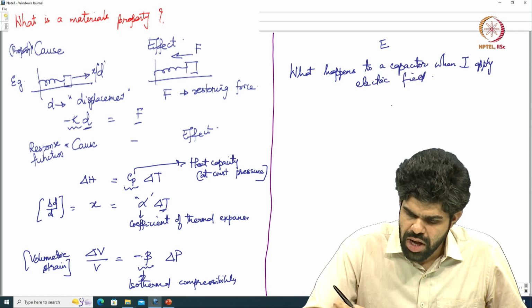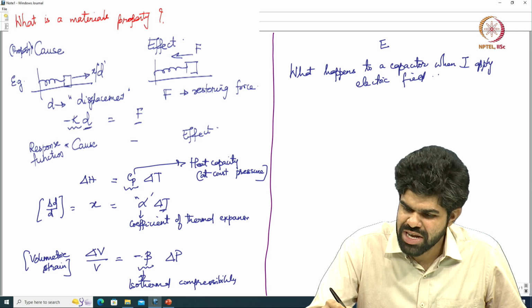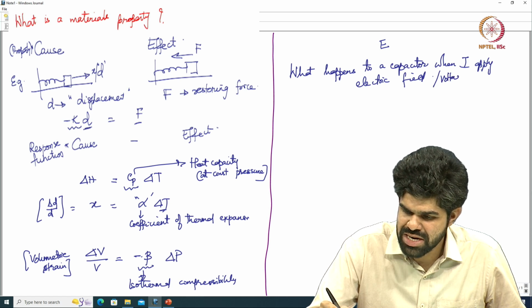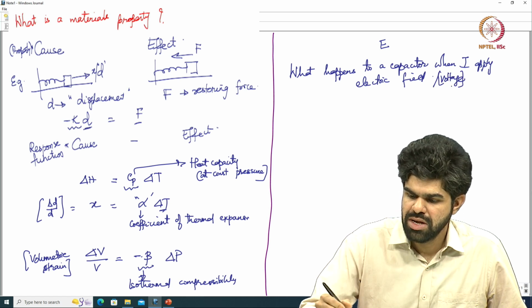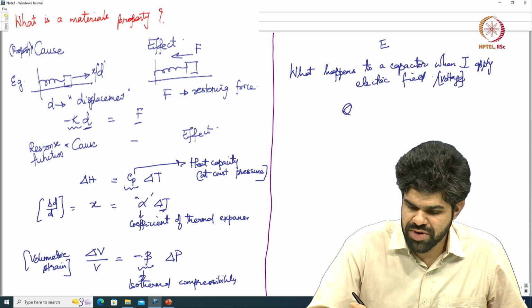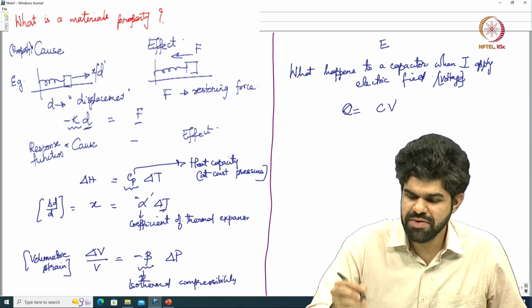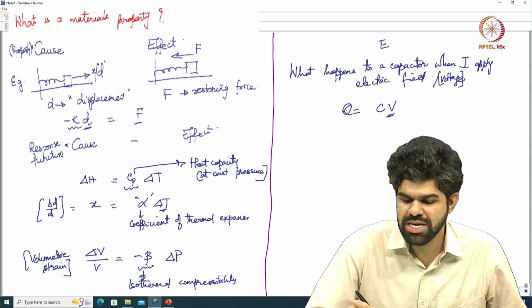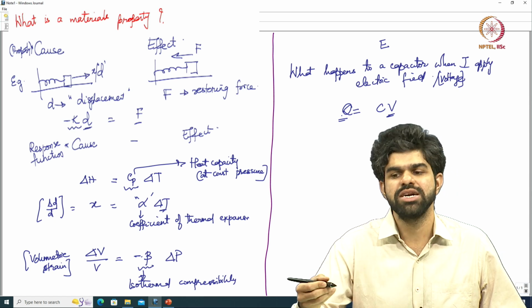Okay, so electric field, or in some sense voltage. So we know the constitutive equation of a capacitor, Q equal to CV. If I apply voltage to a capacitor, I am generating charge on the plates of a capacitor.